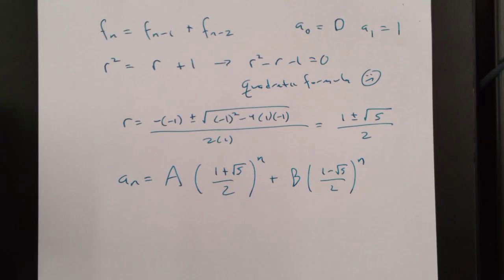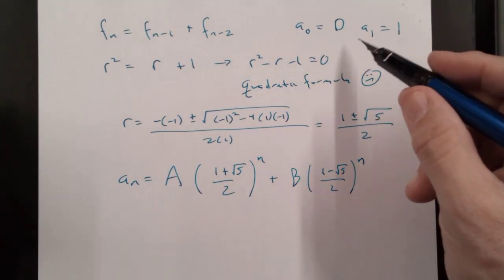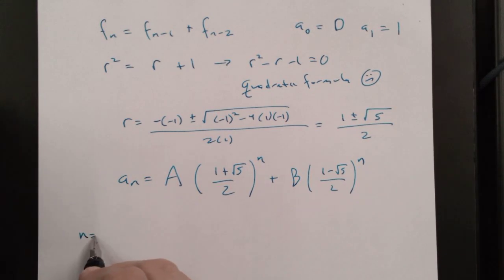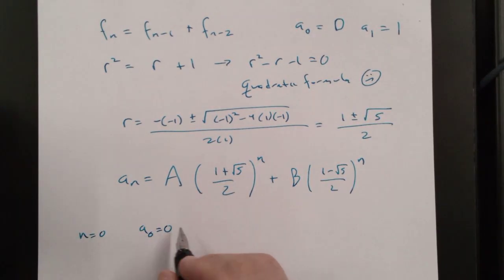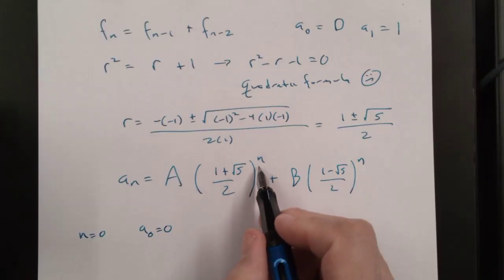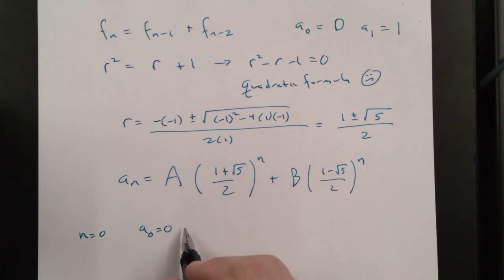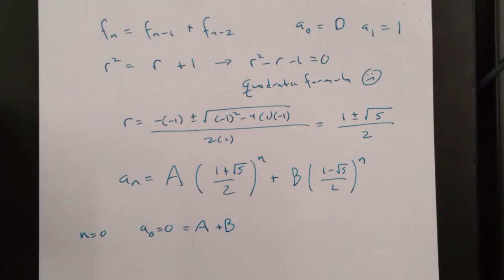Except when I plug in n equals 0, what happens? A0 is 0. When I take ugly thing to the 0th power, what do I get? 1. That equation actually works out rather nicely. It's the second one that sucks.